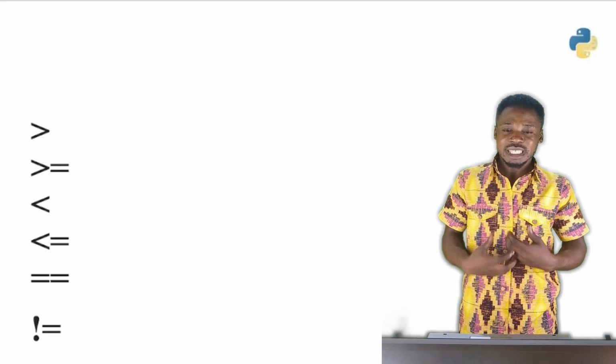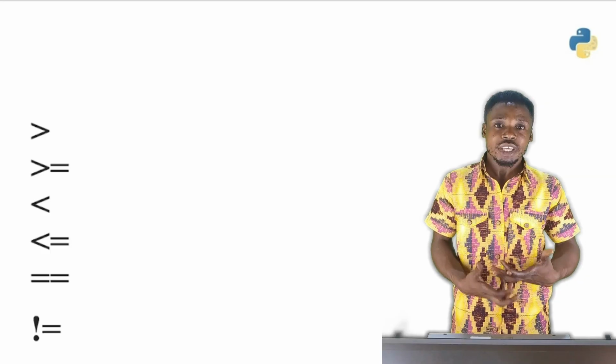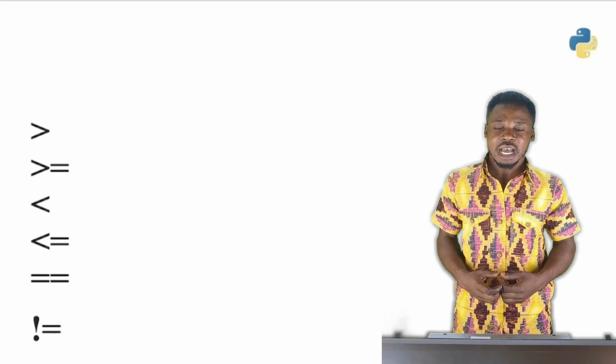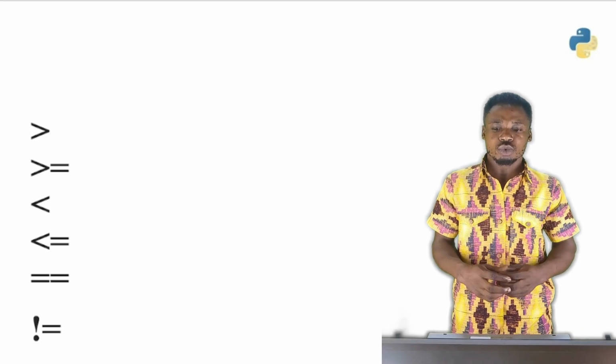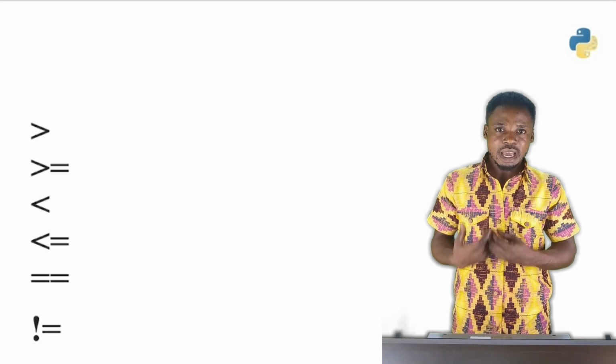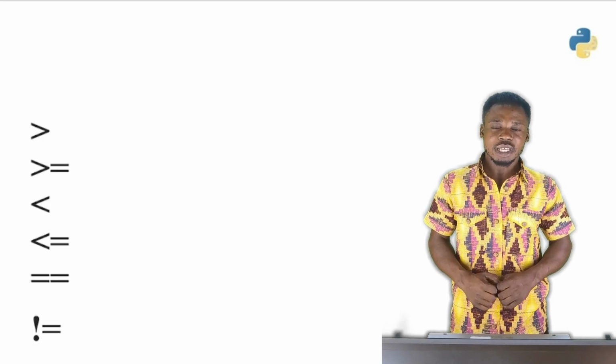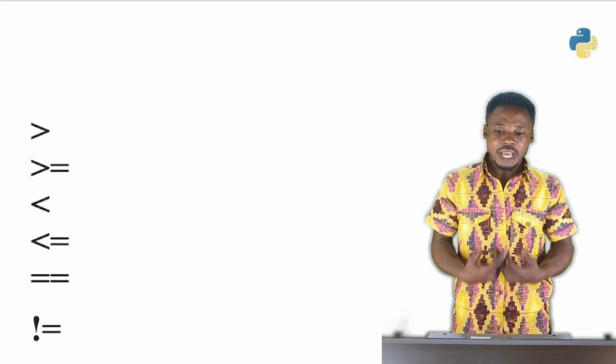The first one is the greater than, the second is the greater than or equal to operator, the third is the less than operator, then we have the less than or equal to operator, then the equal to operator represented with a double equal sign, and then the not equal to operator. These are the comparison operators used to construct Boolean expressions.